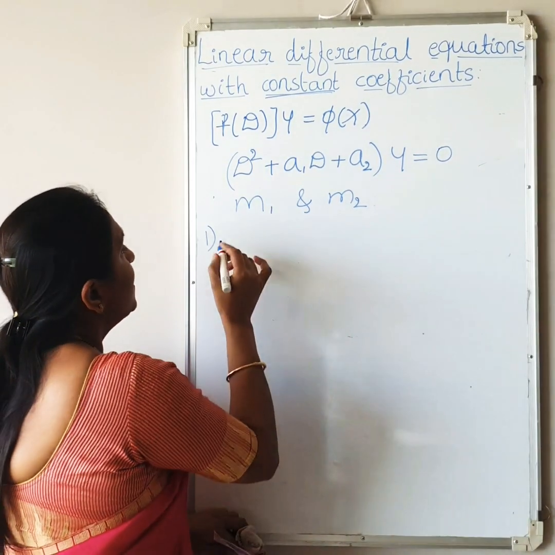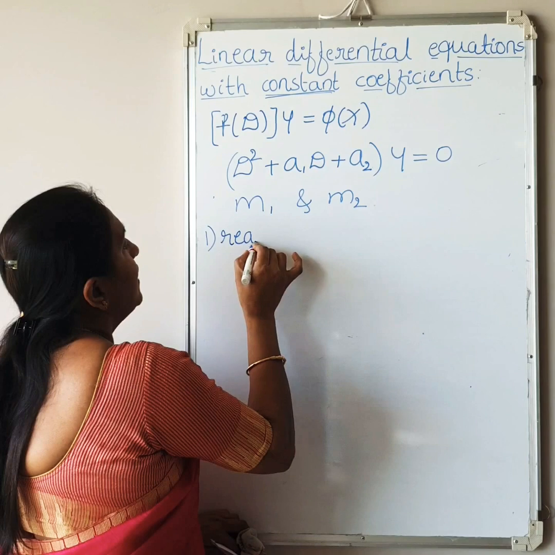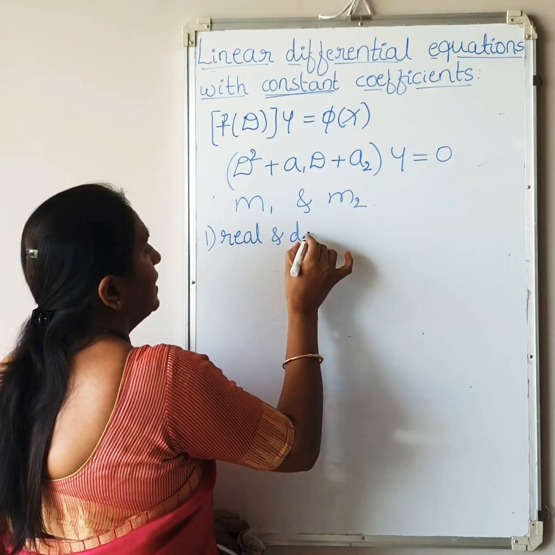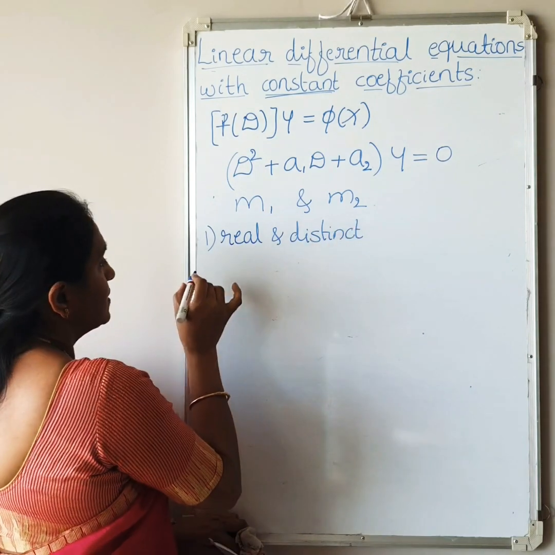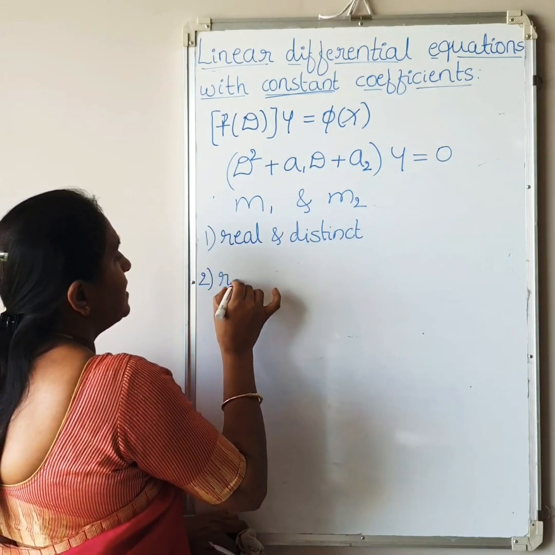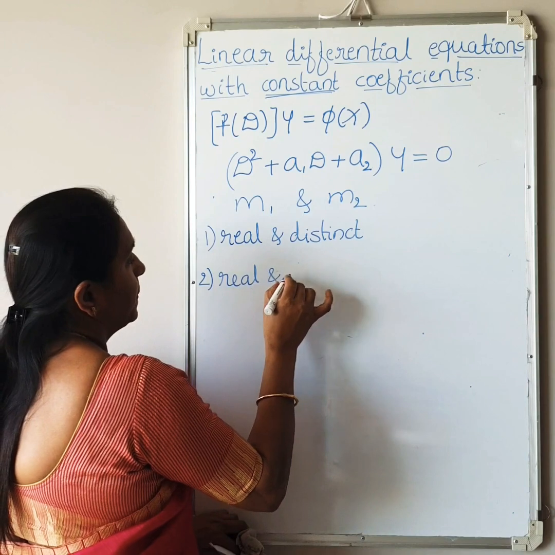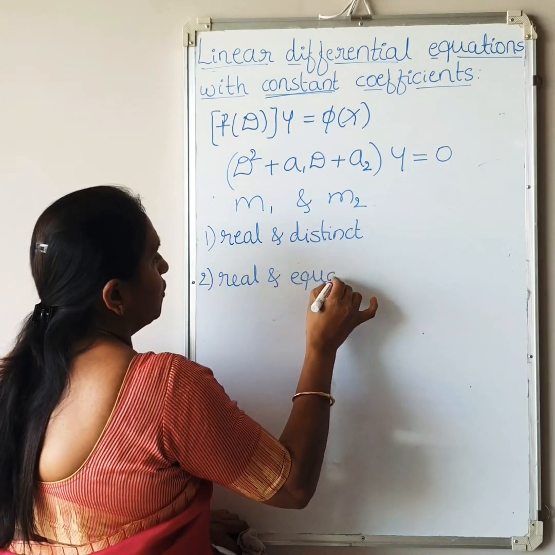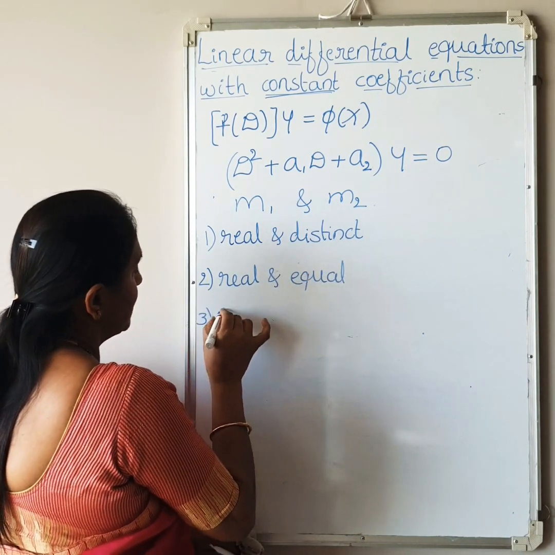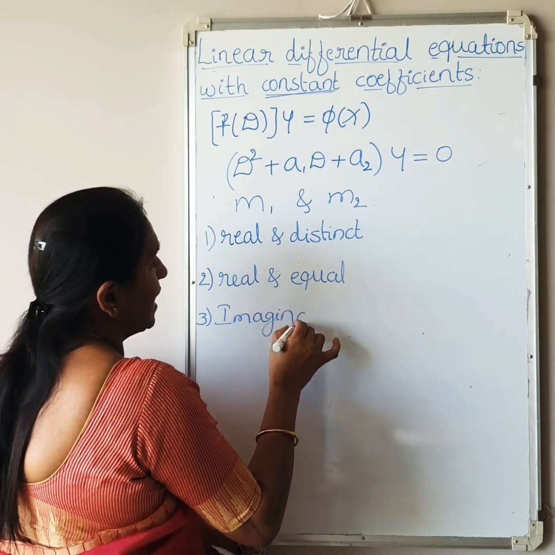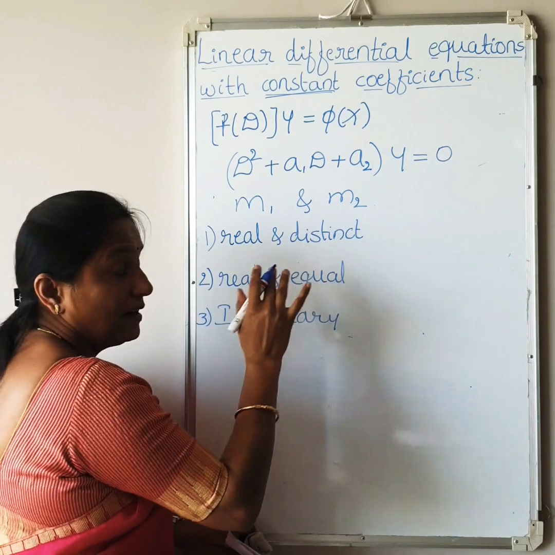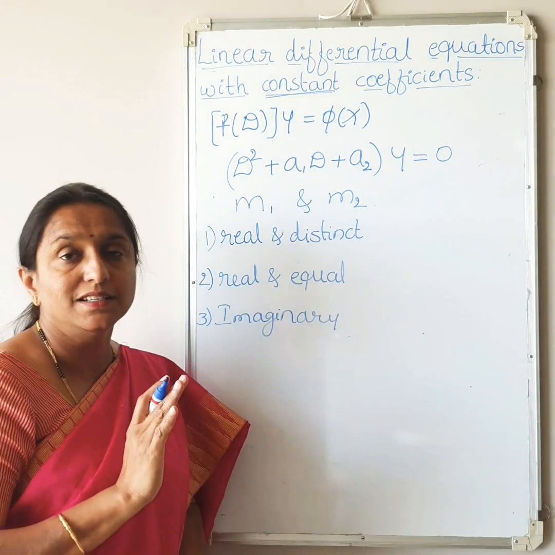One is real and distinct. Second possibility is real and equal. Third possibility is imaginary. So we'll get only these 3 types of roots.